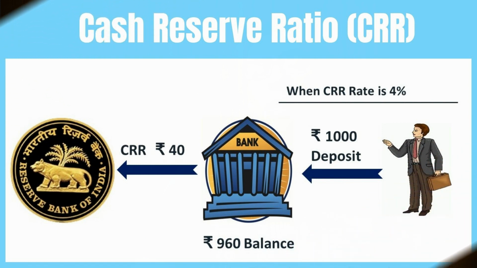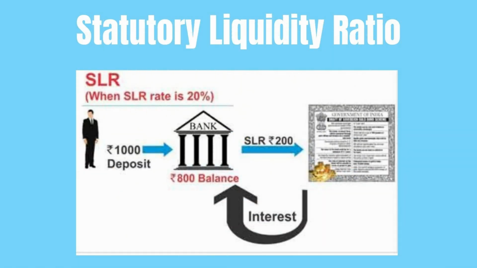So we have seen that the CRR in India is about 4%, which means that out of every 1,000 rupees, 40 rupees is to be parked with the Reserve Bank of India, which it can use to safeguard the deposit holders of the bank. Similarly, SLR securities are very liquid securities which could be Government of India debt or state government debt where banks will park money.